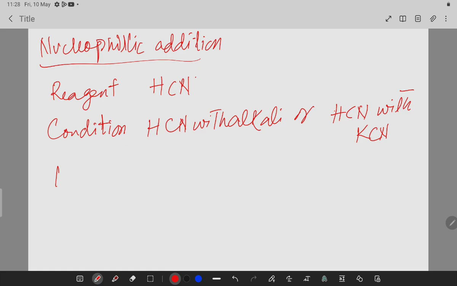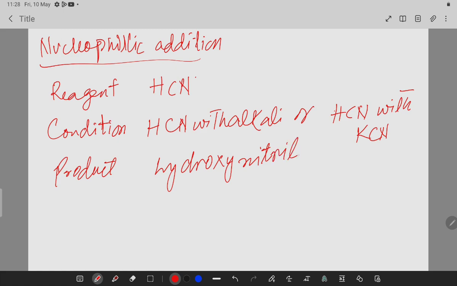Type of reaction is nucleophilic addition. The product formed is hydroxynitrile, or it is known as cyanohydrin.